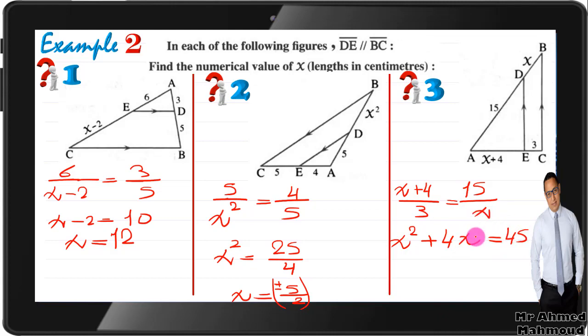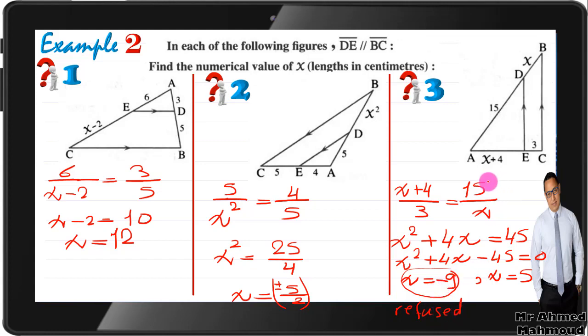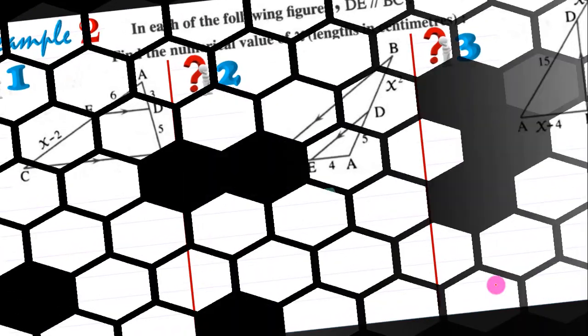I'm going to move the 45 to the left side, so x squared plus 4x minus 45 equals 0. By using the calculator or factorization or formula, it's up to you. So x equals negative 9 or x equals 5. Now this one is refused because x is a length and the length is not negative, so the value of x equals 5.